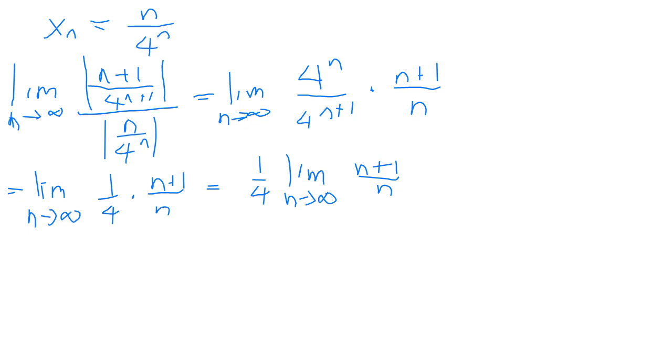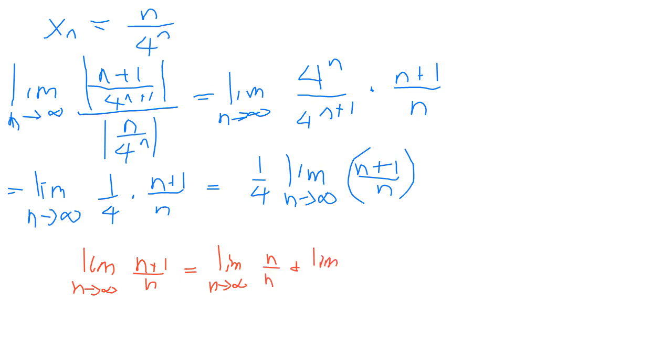So if you have difficulty understanding it, you can write the limit as n tends to infinity of n plus 1 over n as the limit of n over n plus the limit of 1 over n. The first one is obviously 1. So it's 1 plus, and we already established that this limit is heading towards 0. So 1 plus 0 is just 1. So this limit is going to be 1, and it's heading towards a quarter.